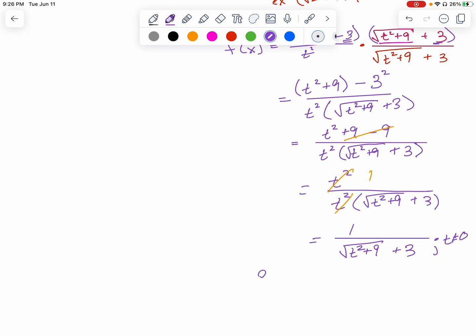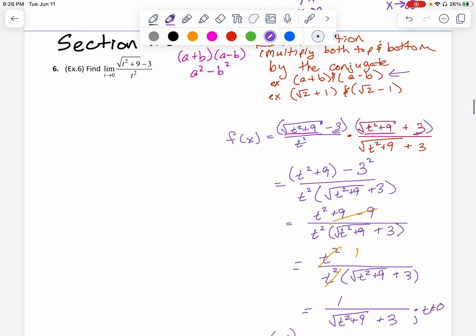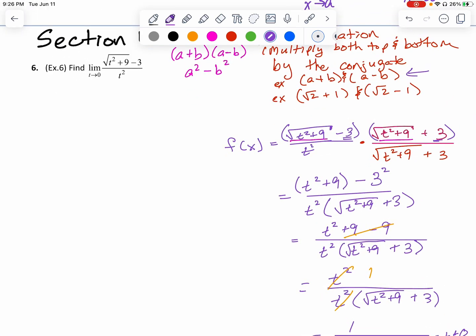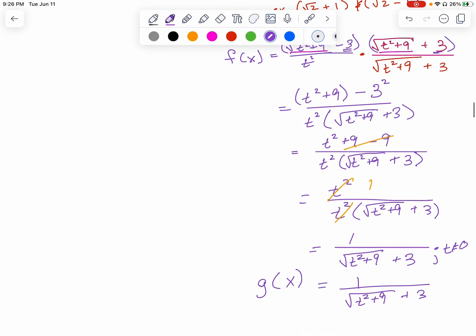But I can find an equivalent function everywhere: g of x is the same as f of x except at t equal to 0, and g of x will be this new function. But again, we don't care about t equals 0, because that's where we're taking the limit. We're interested in what the value is as we approach 0, not at 0.